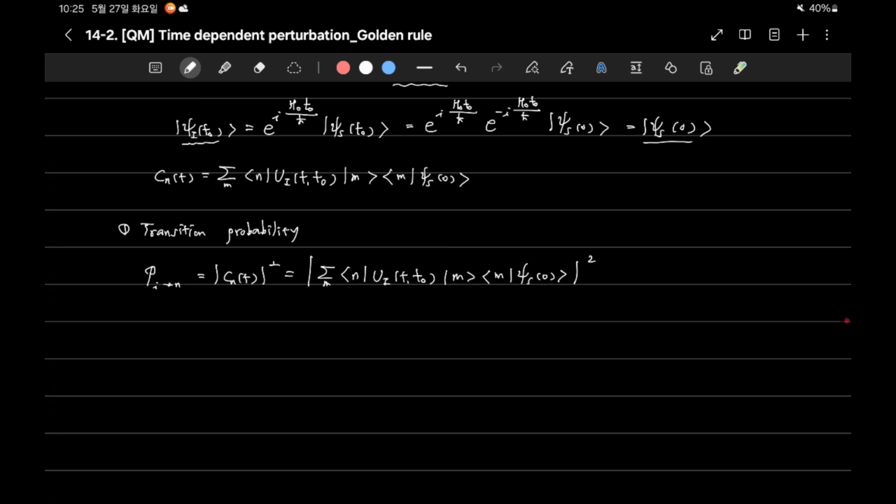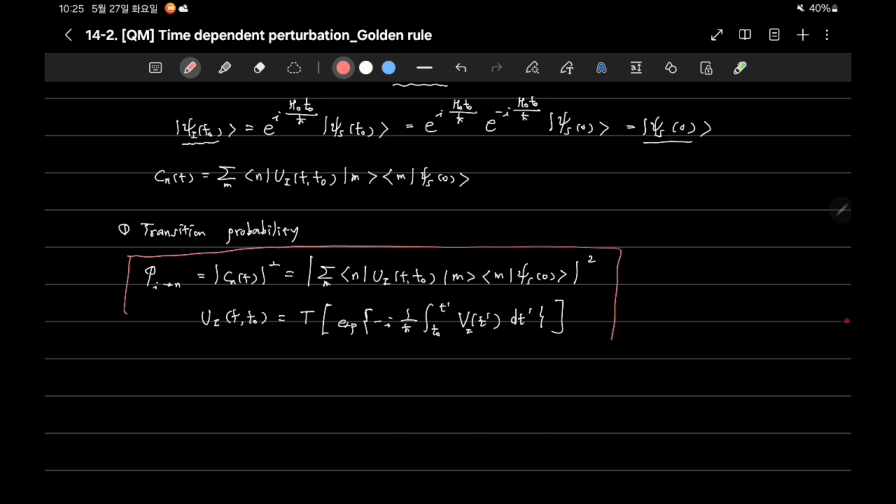The basic form of the time evolution operator, as we studied before, is the exponential of minus i over h bar times the integration from t0 to t of the interacting potential V_I(t') dt'.